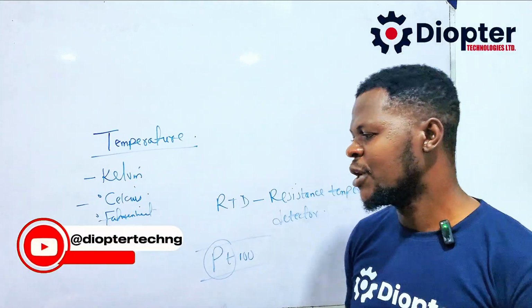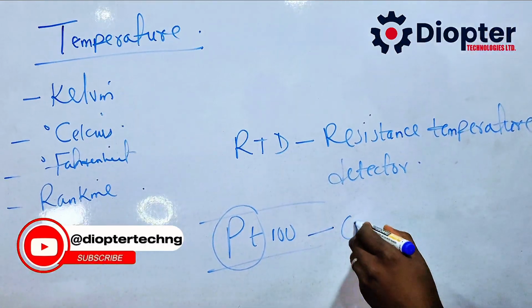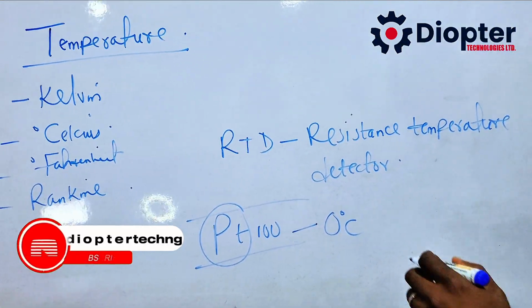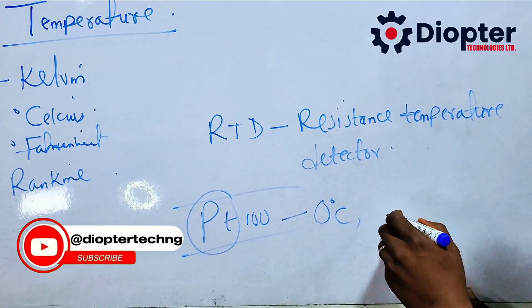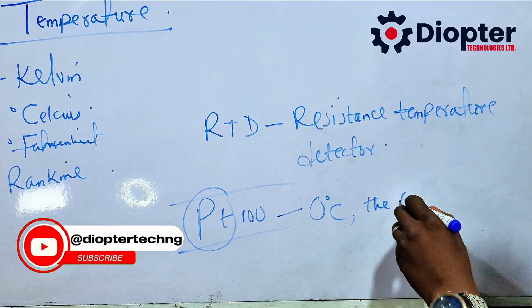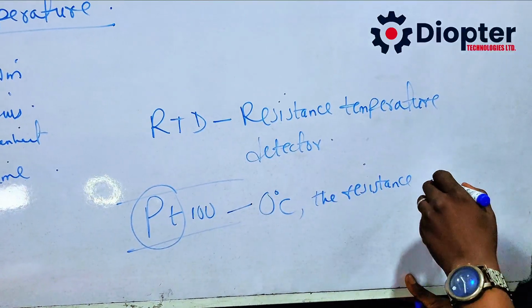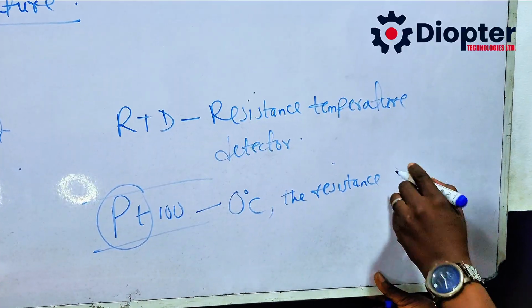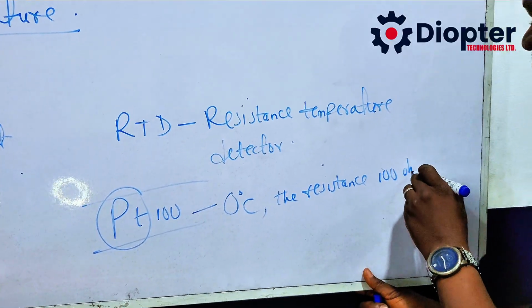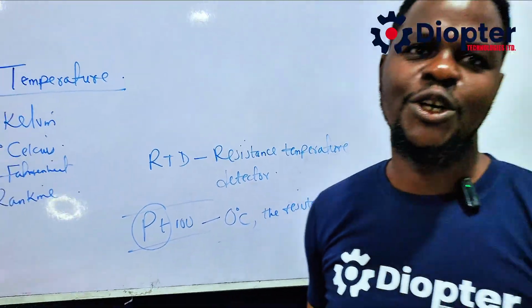And it's called a PT100 because at 0 degrees Celsius, the resistance of this particular RTD is 100 ohms. So that is why it is popularly called a PT100.